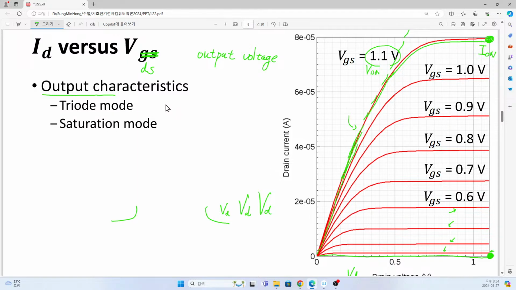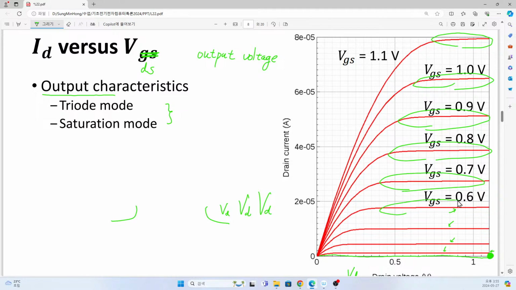So now you can understand there exist two different modes, triode mode and saturation mode. And in this graph, the curves corresponding to this part or that part or this part, these are corresponding to our saturation mode. In this case, our drain current is no longer dependent on the drain voltage, so we have a certain almost fixed value.